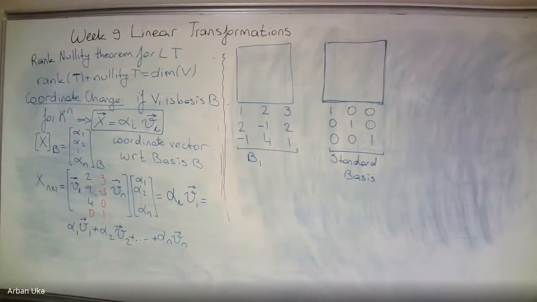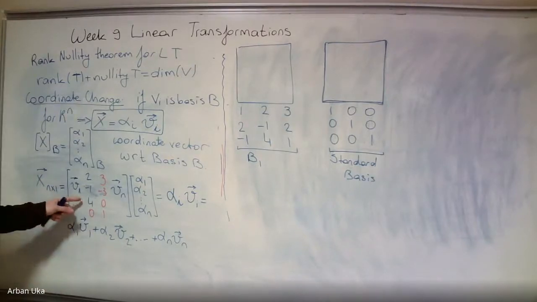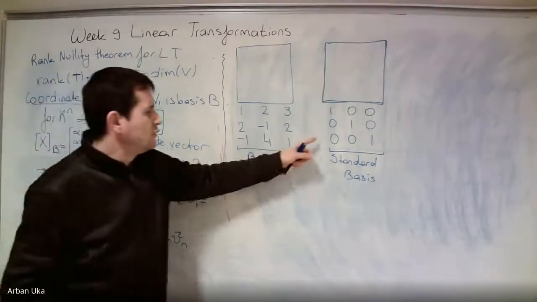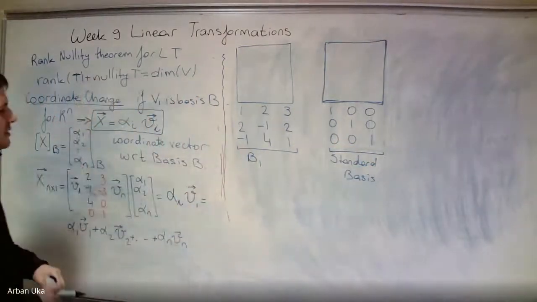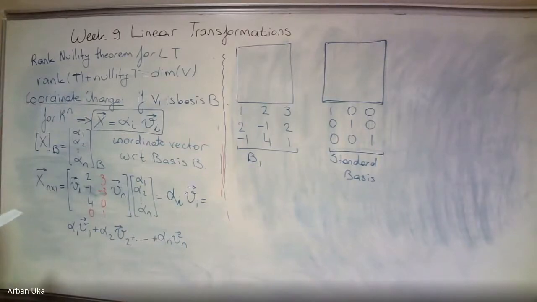So this is how a certain vector can be represented in some specific basis which is not E1, E2, E3, or possibly E4, but something different. Okay, and then what we can observe from here is the following.